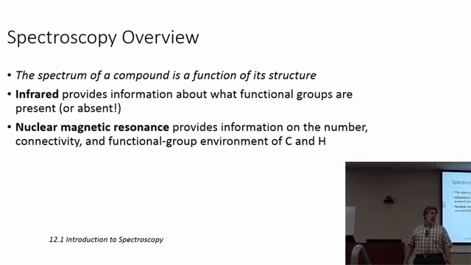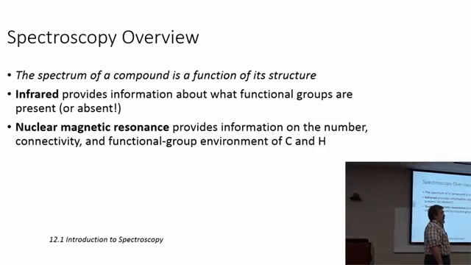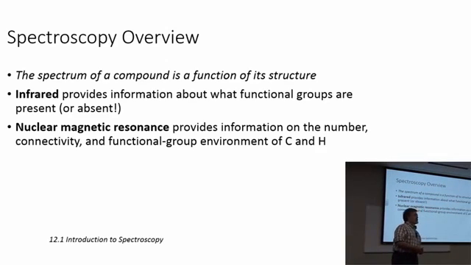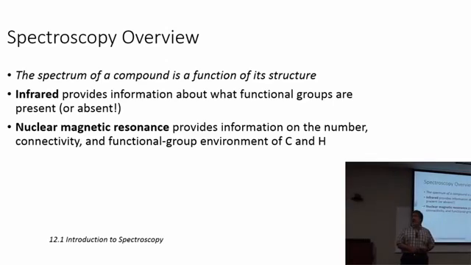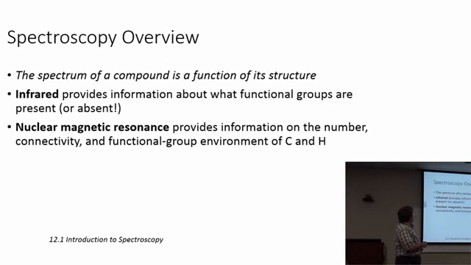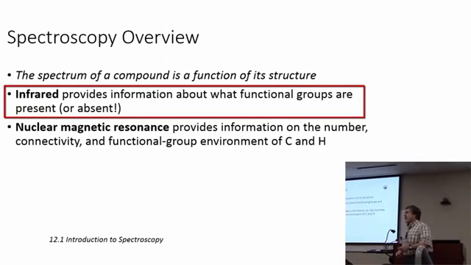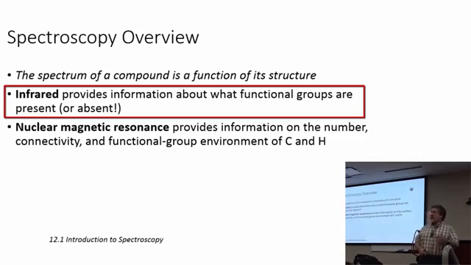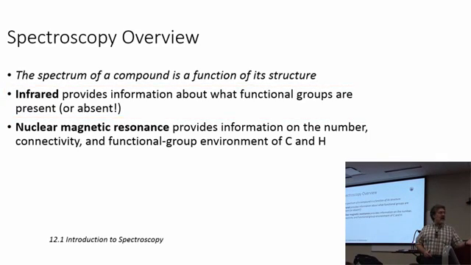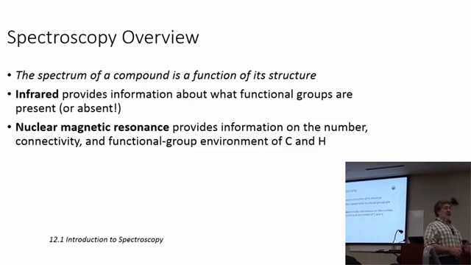Here's why we use both forms of spectroscopy in organic chemistry, and the emphasis of each of them. Infrared tells us about functional groups. This is why I sent that email yesterday that said, look in the inside cover of your textbook, there's a table of functional groups, and it's really a good idea to re-familiarize yourself with those functional groups, because that's what IR is about.